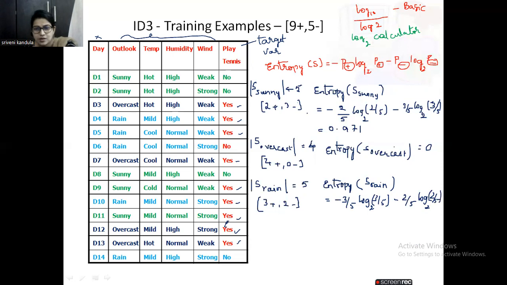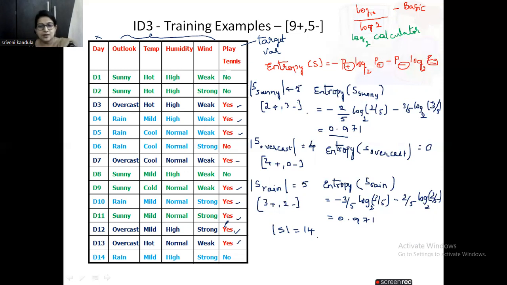We have just calculated this value. It is 0.971. What is the cardinality of S? The total number of examples. Those are 14. In the entire data set, the total number of examples is 14.